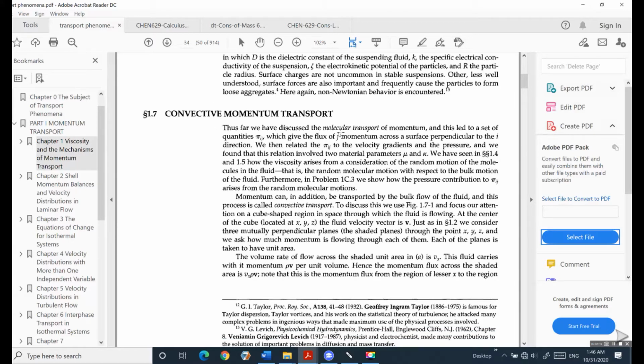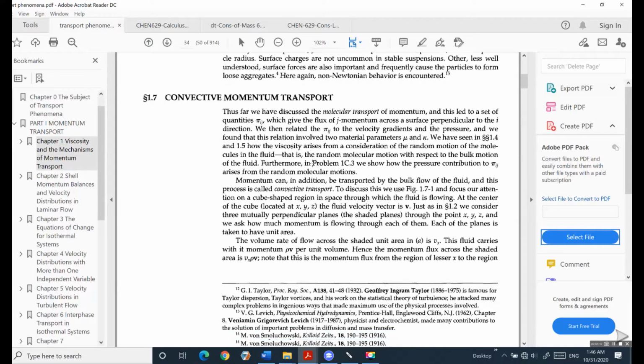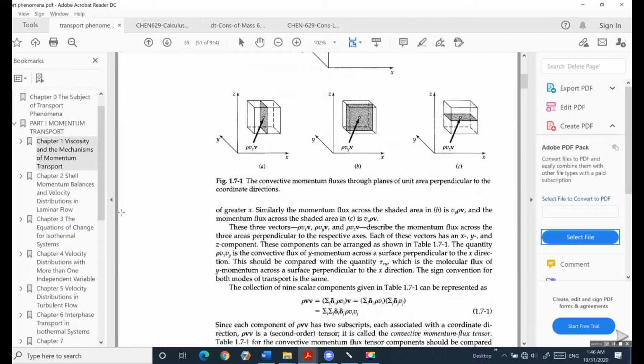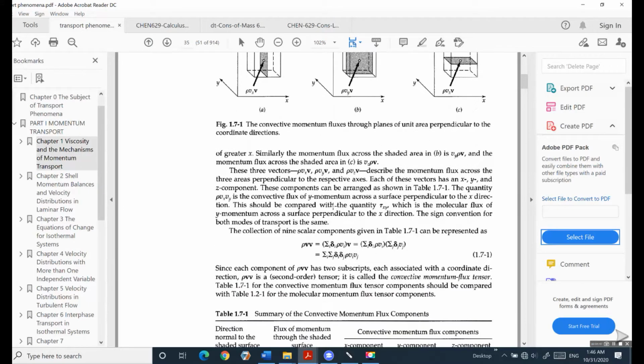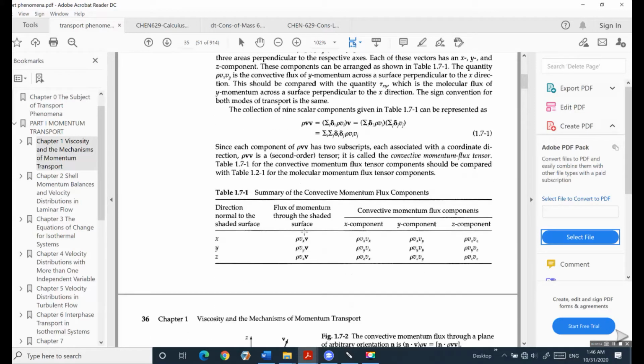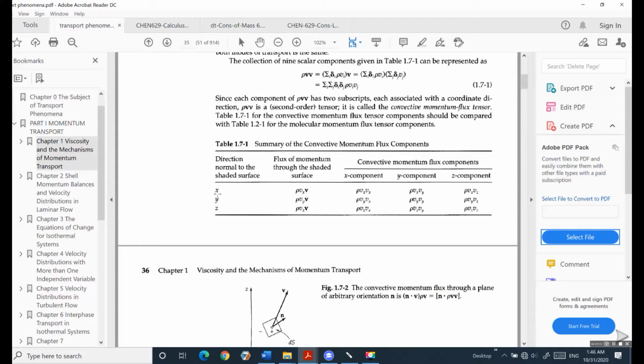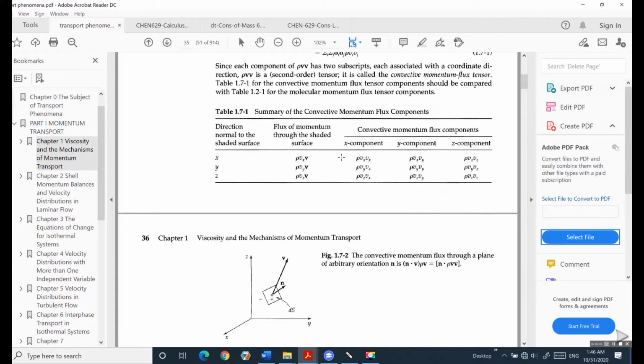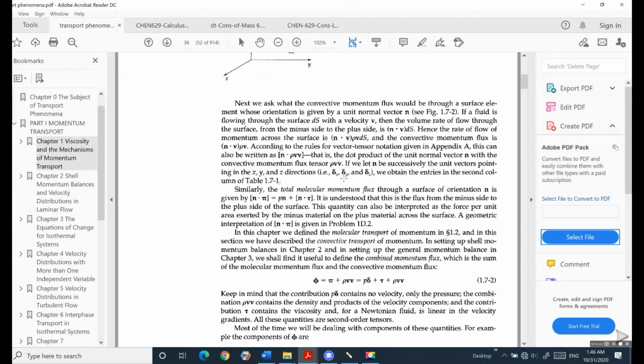The first one was the molecular transport, and the second one is the convective transport. The convective transport is given by this formula you see here. Then we can define for the xyz directions the convective momentum transport. The x direction has 3 elements, the y direction 3 elements, and the z direction 3 elements. That's why we call this a tensor again, because of the 9 elements.